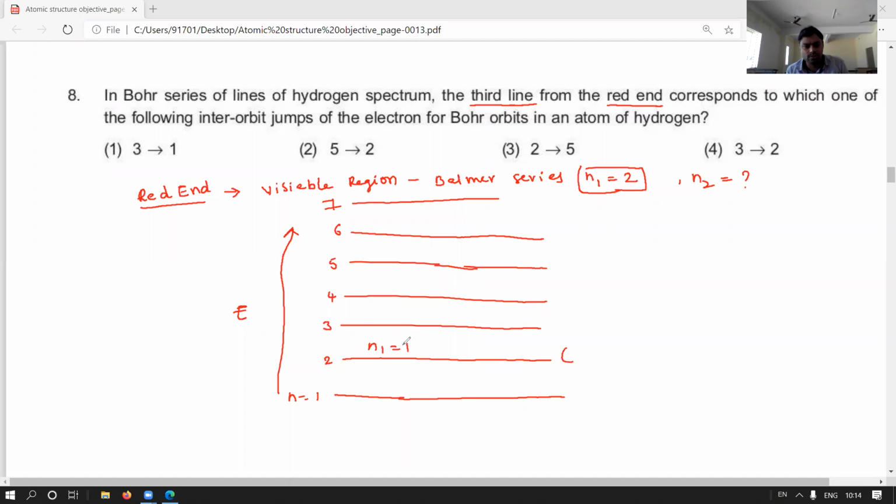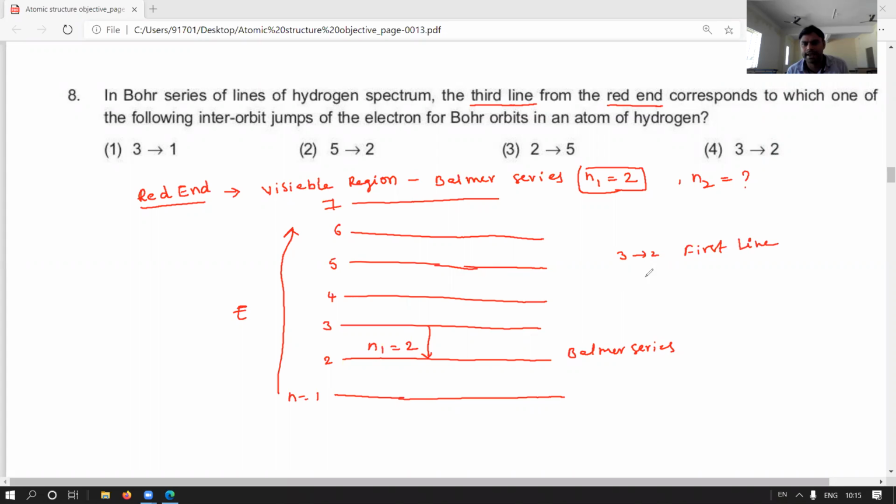n1 is equal to 2, that is the Balmer series. So this is the first line. So 3 to 2 is the first line.